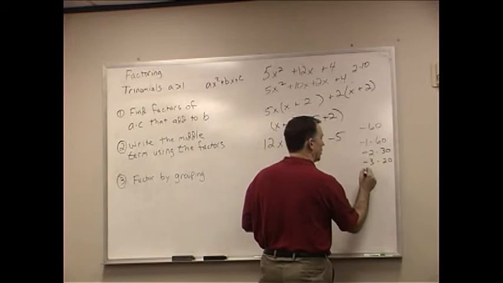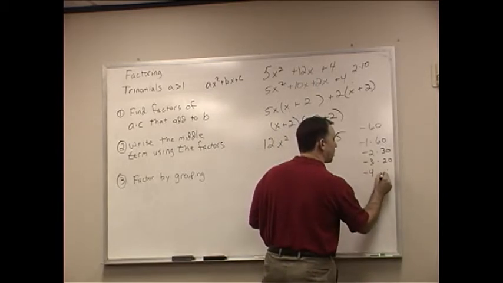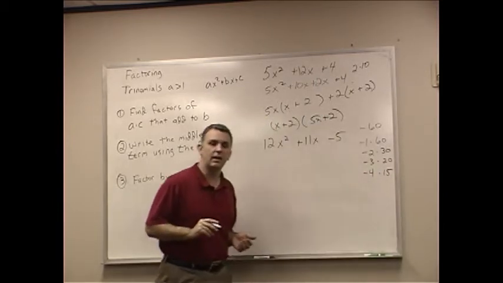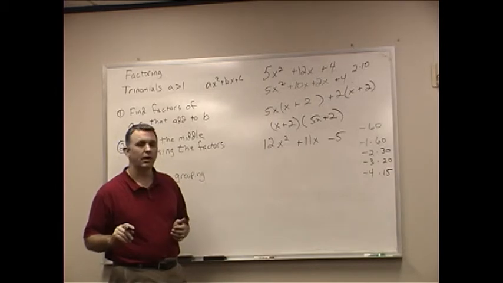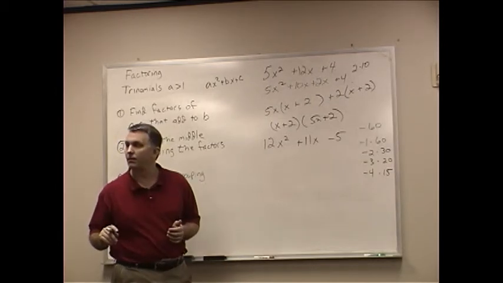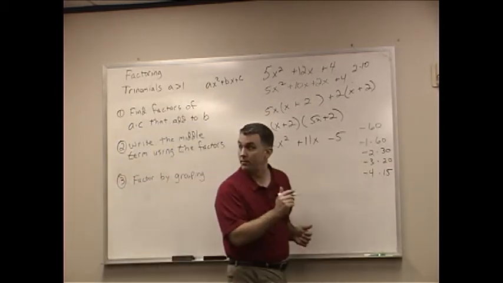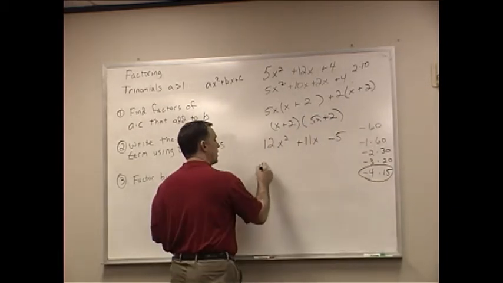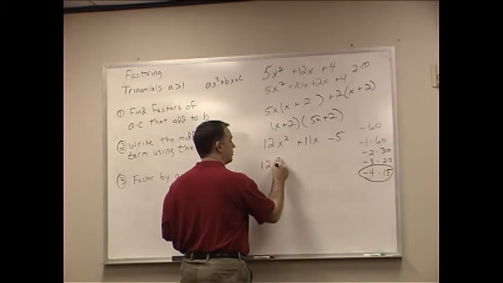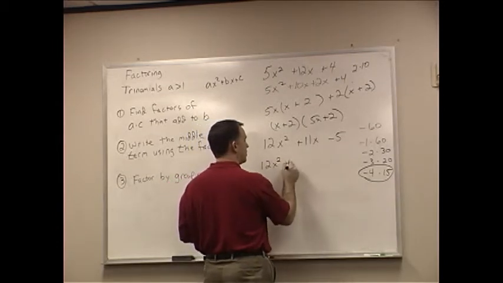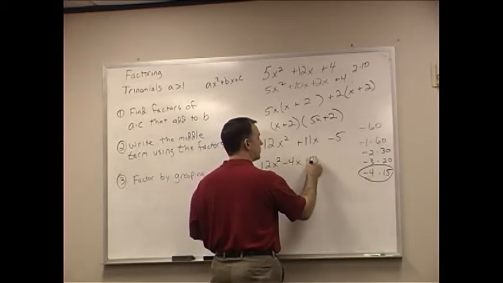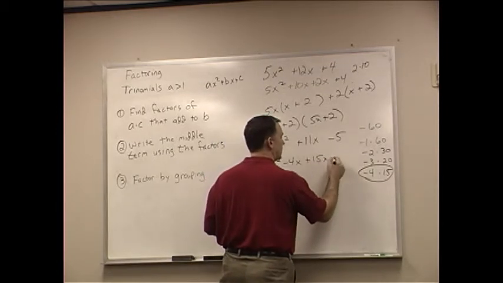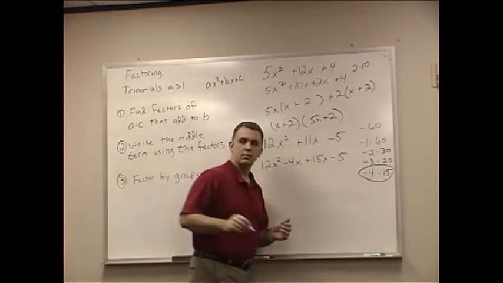Let's see, 4 goes into 60. -4 times 15. Hopefully you got the little ding, ding, ding going off inside your head. So, -4 and 15. That's how I'm going to write my middle terms. 12x squared minus 4x plus 15x minus 5.